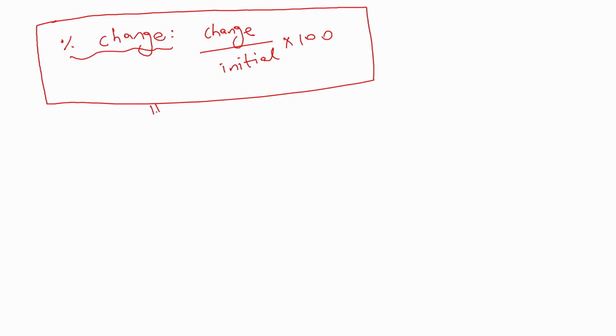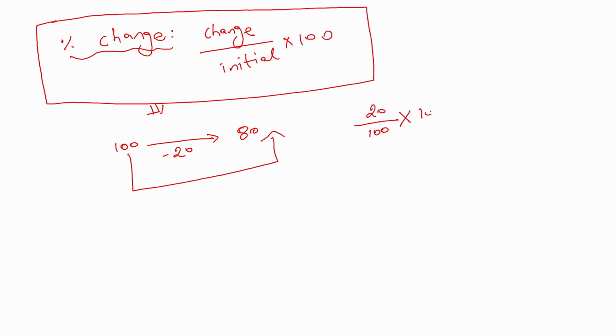So, let us suppose I have 100 rupees and I spent 20 rupees out of it and was left with 80 rupees. Over a period of time, I spent 20 rupees, right? What is the change in value? It is 20 rupees. Upon initial value, what is my initial value? It is 100. So in order to convert this ratio into percentage, I am multiplying with 100.